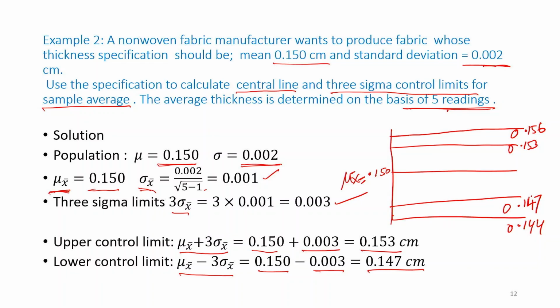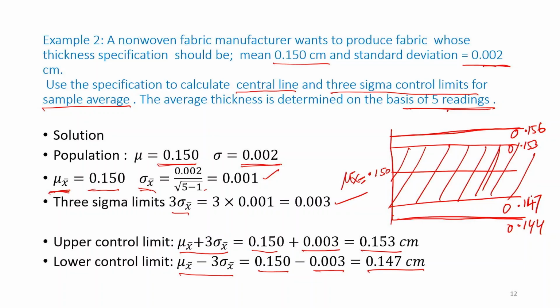This is when I am thinking about the population, trying to control the population. But if I am plotting in terms of sample means, then the limit is between these two. The mean must lie between these two, because this is the control chart for sample means.